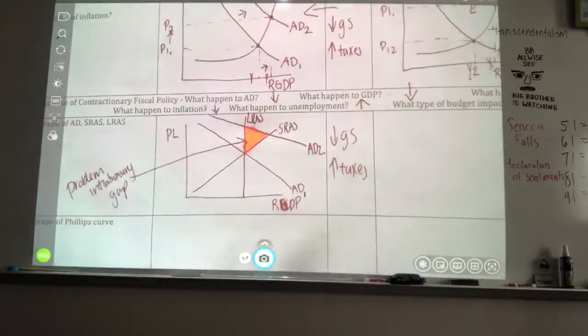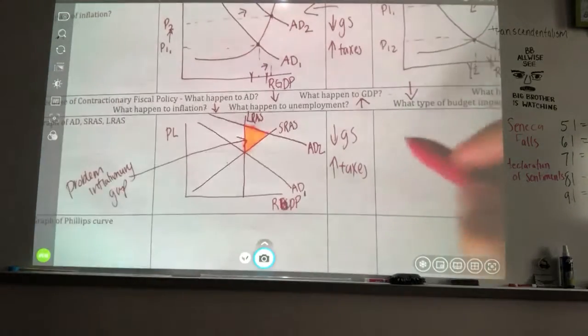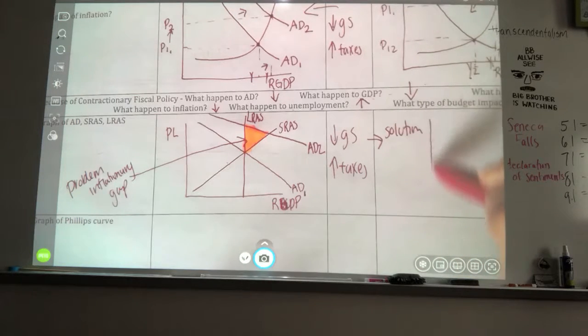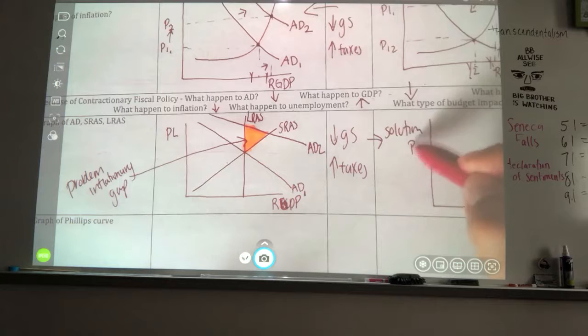Okay, so the next thing, if the government uses the tools of decreased government spending and increase of taxes, what should happen to my graph? It moves back to what? Equilibrium. So then the solution is that if they use these things, here's my price level, here's real GDP, everything will go back to equilibrium, right?